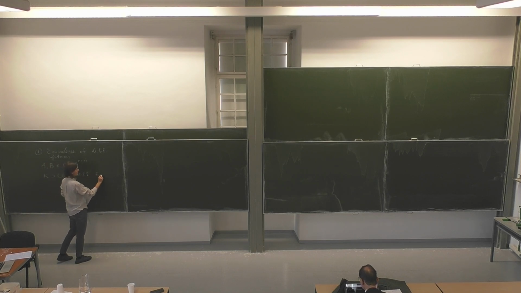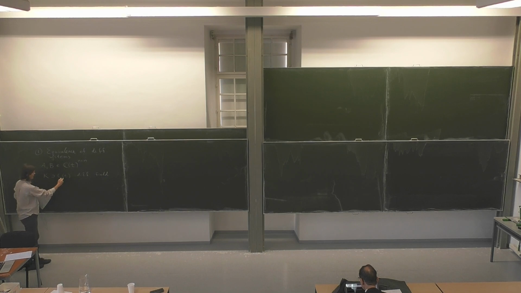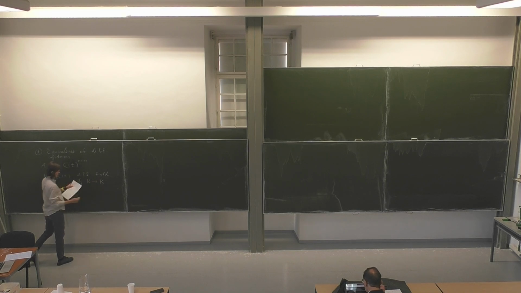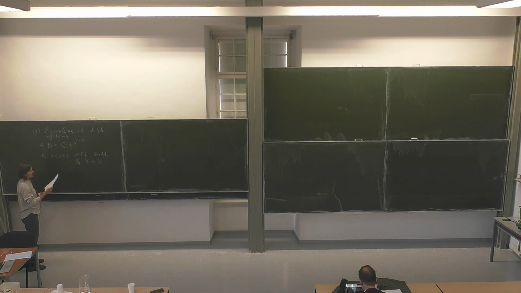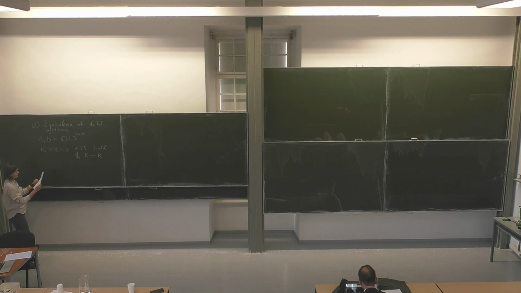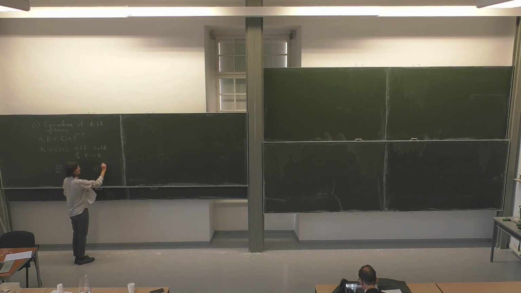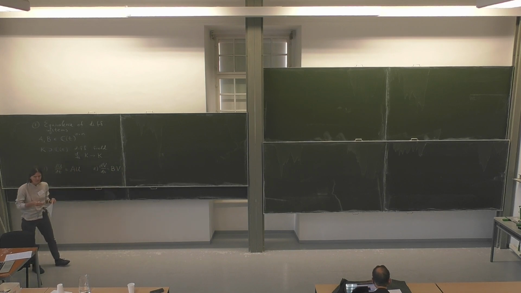Differential field, meaning that the derivation extends to K. So we have the operation d over dt on K. And we consider two systems. du over dt is AU, and dv over dt is BV, where u and v are vectors of size n.